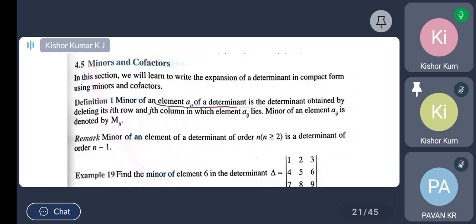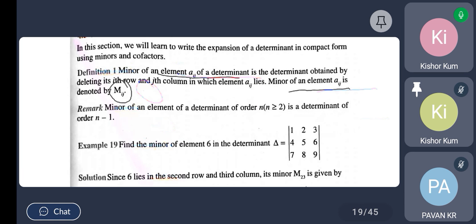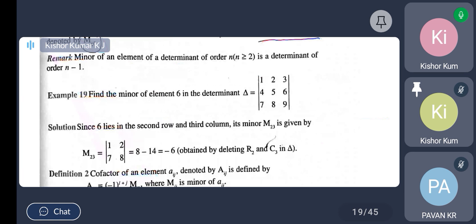Also, if you want to represent the minor of an element aij, it is denoted by capital M suffix ij. Here i refers to the row and j refers to the column. It is a very simple thing. You can observe example 19 here. You are going to get questions like this.